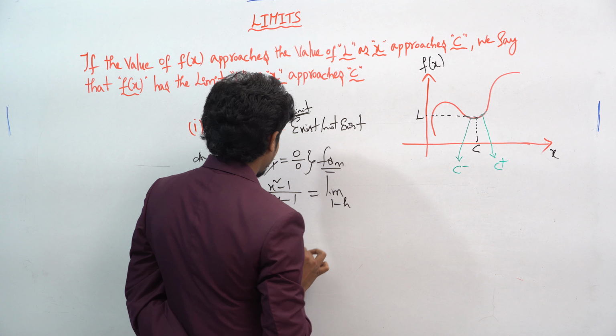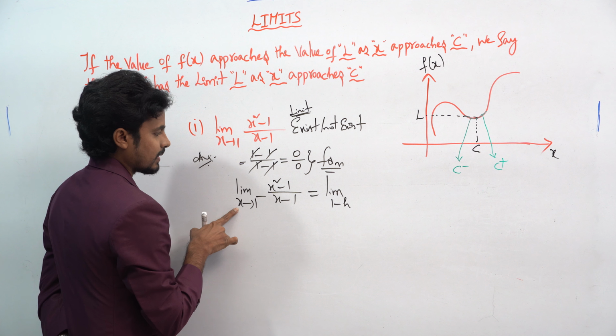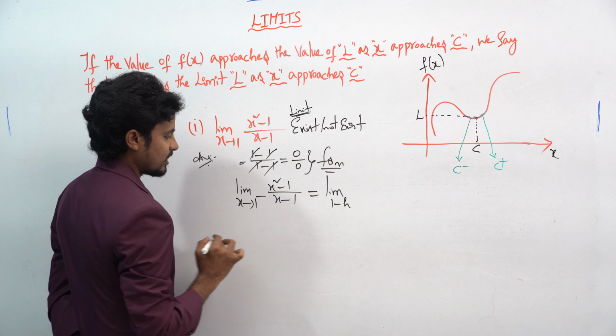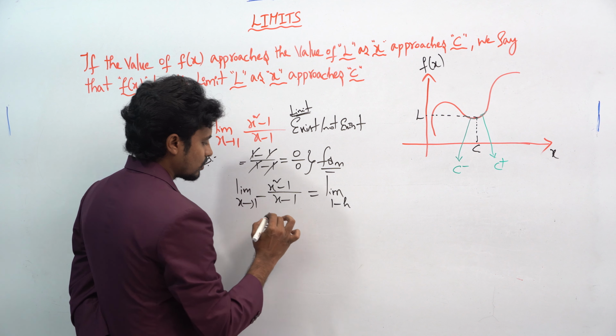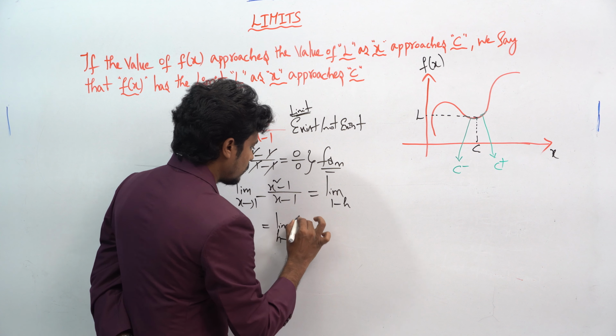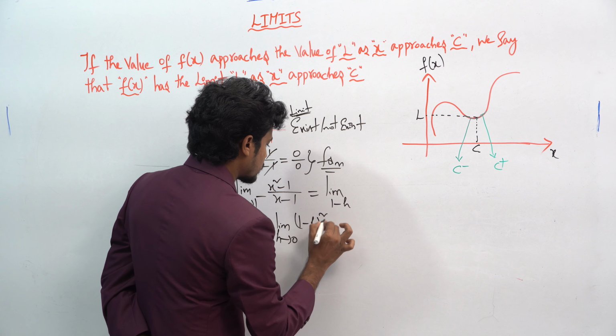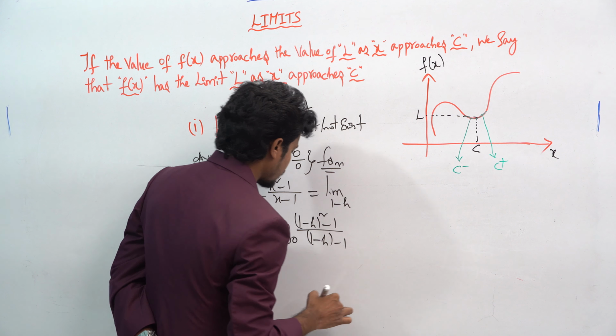So if I want to put in place of x, just replace it with 1 minus h, so 1 minus h be the left hand limit. This will become the limit h tends to 0 of 1 minus h whole square minus 1 divided by 1 minus h minus 1.